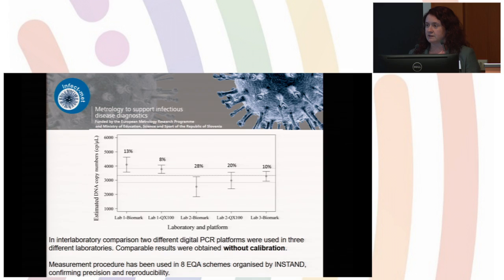To further see the performance of this method, we have used it in 8 different external quality assurance schemes organized by INSTAND, and in this we confirmed the precision and reproducibility of this method. So in this phase, we were certain that we have a reliable method for quantification of cytomegalovirus.